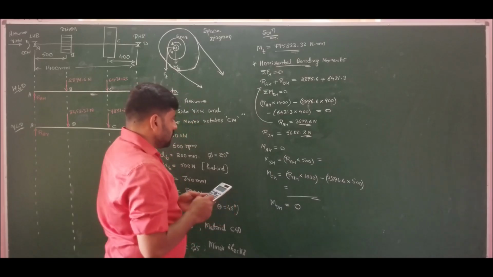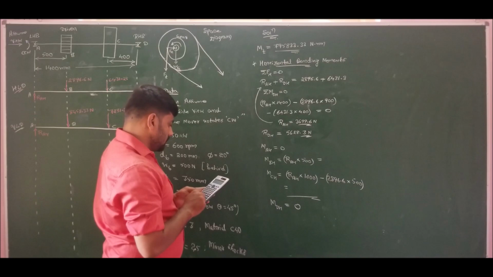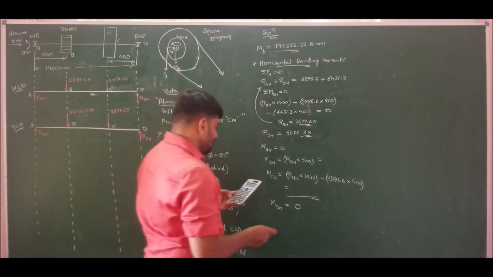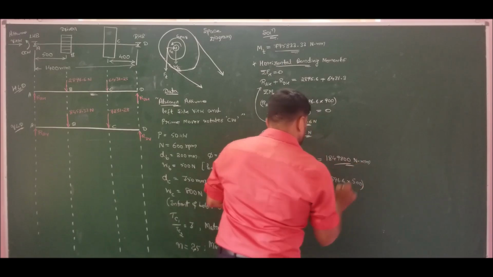Let me find these answers. RAH is 3699.6 into distance 500. Moment is 1849800 Newton millimeter.